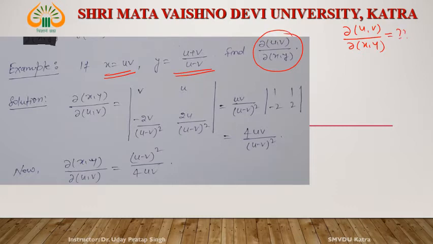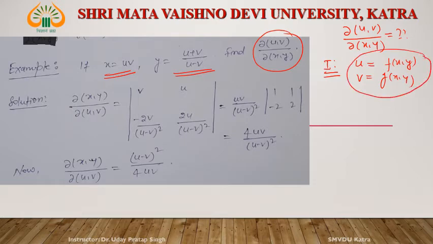There are two methods of finding this. In the first method, either you find u and v as a function of x, y, and evaluate this using these two equations, or using property 1.